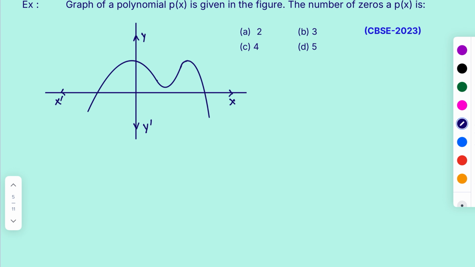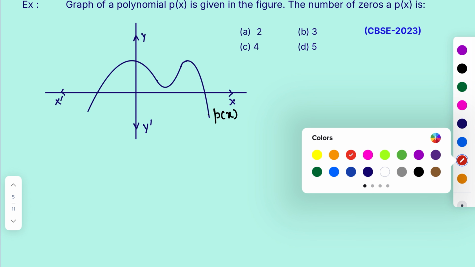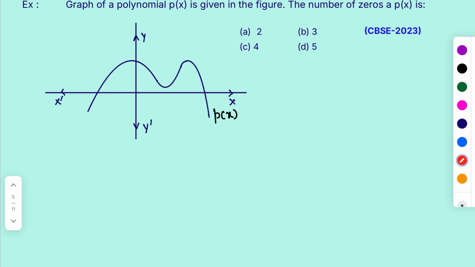Now consider this graph. This is the graph of the polynomial p of x, and we have to find how many zeros there are. First we have to check whether this graph cuts the x-axis, touches the x-axis, or neither touches nor intersects the x-axis.